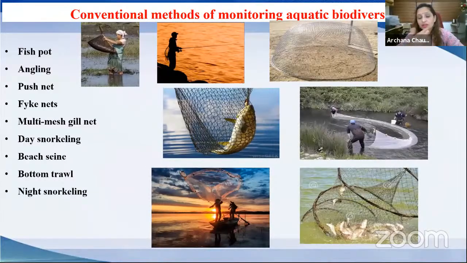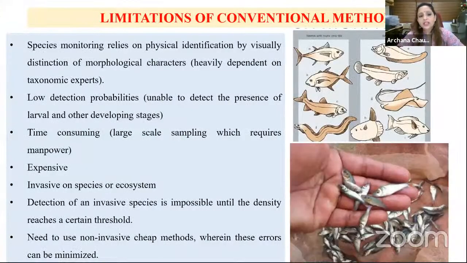There were different conventional methods for catching the fishes, like fish pot, angling, push net, and so on. However, there are certain limitations of the conventional methods. The first important limitation is that species monitoring here relies on physical identification by visual detection of morphological characters.